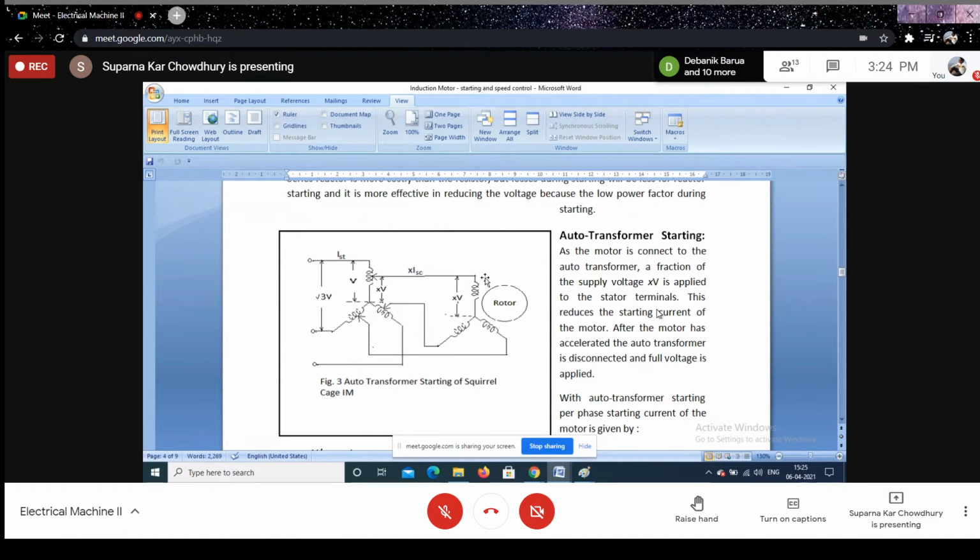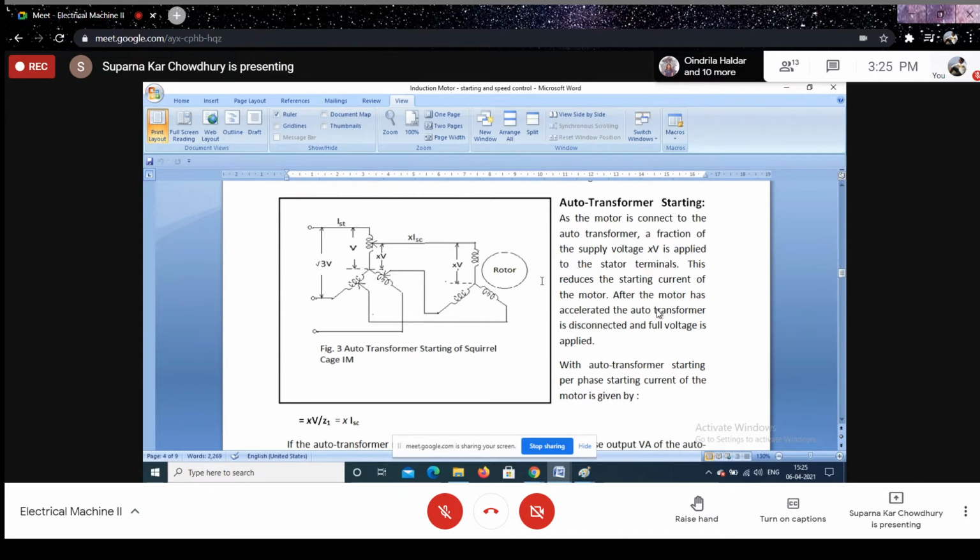So the stator is supplied from the output of the auto transformer, which is variable. This point is variable and varies from 0 to the full rated voltage V. So if supply voltage is V, then a fraction of the supply voltage, XV, is appearing across the stator terminal.